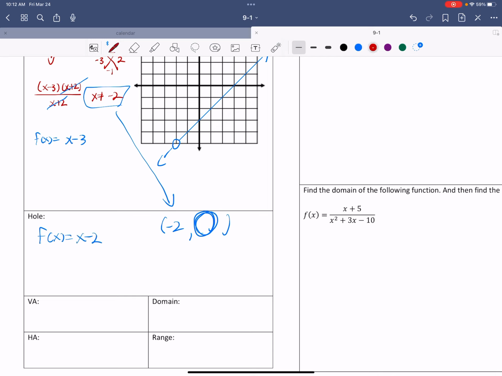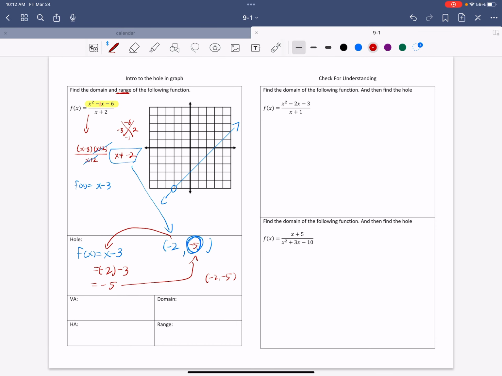What we're gonna do is plug this -2 in here. So I have -2 minus 3, right? -2 minus 3 is -5. That's a y value because that stands for f of x, right? So I'm gonna plug in here, -5. So your hole is -2, -5, okay?